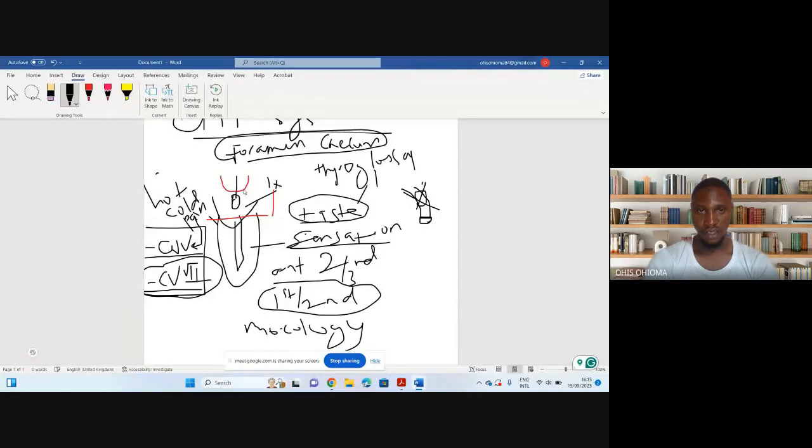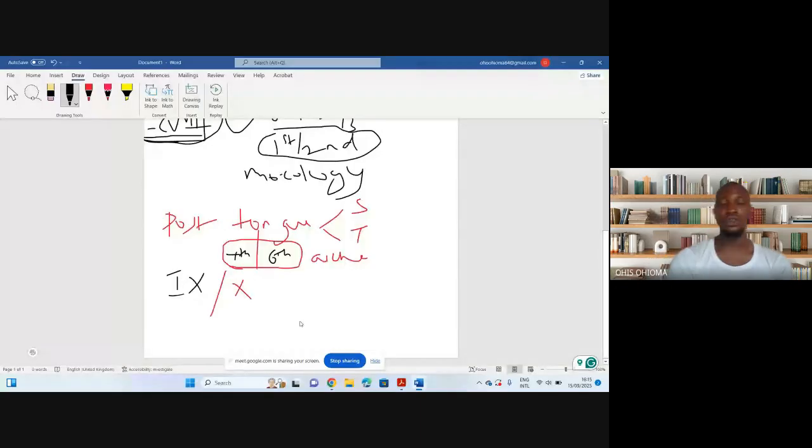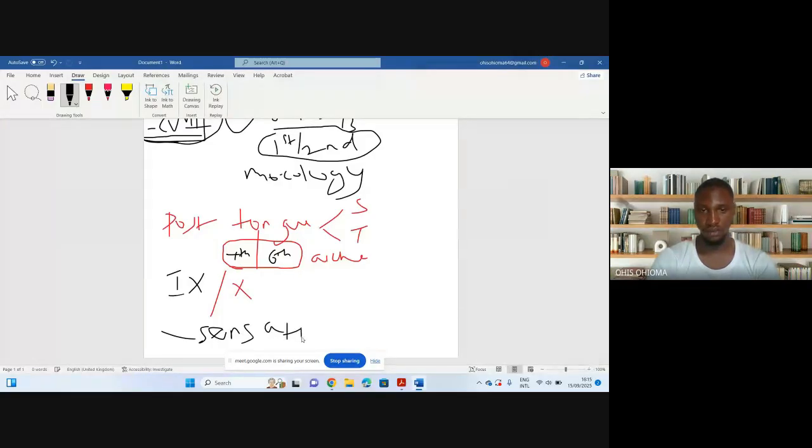And this area here, just above the foramen caecum, is supplied by the vagus nerve, right? And so the glossopharyngeal nerve and vagus nerve help with sensation and tasting, especially the glossopharyngeal nerve. The vagus nerve helps with more of the sensation at the posterior part of the tongue. Glossopharyngeal helps with sensation and tasting.